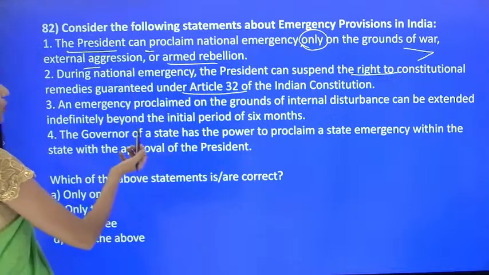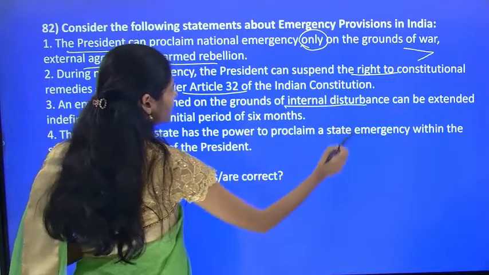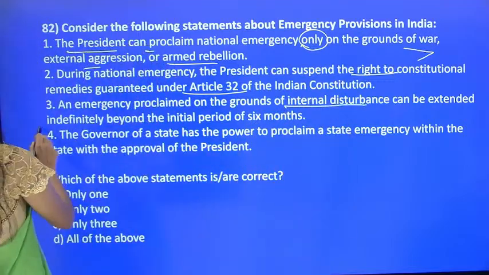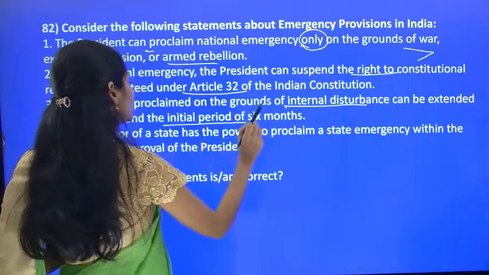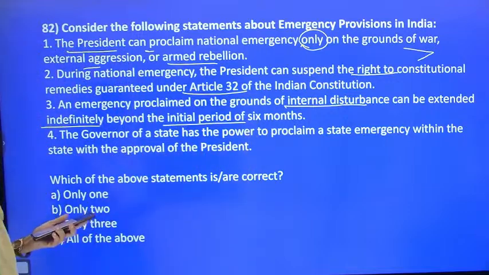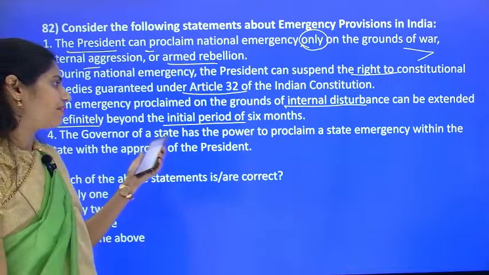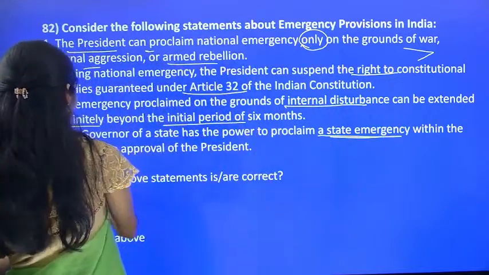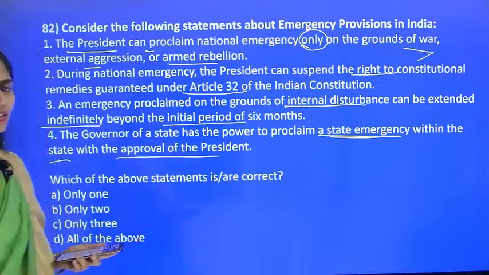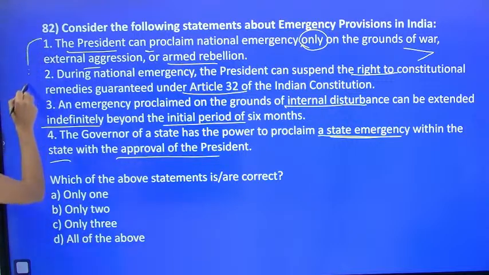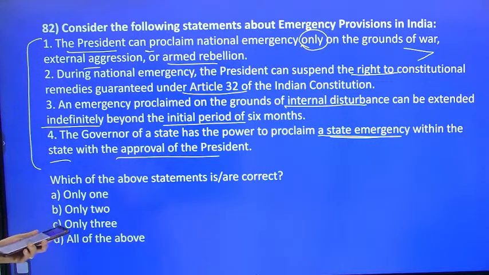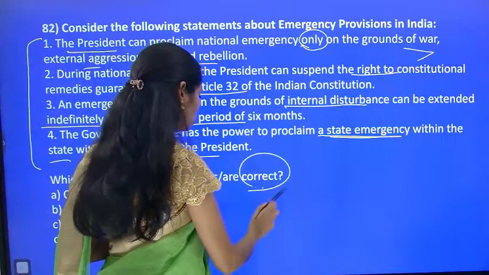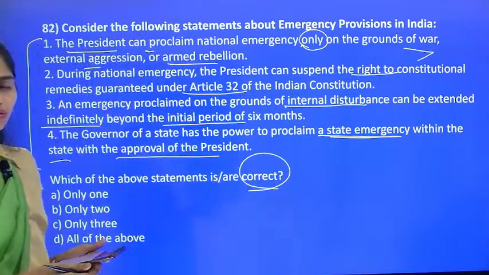Third, an emergency proclaimed on the grounds of internal disturbance can be extended indefinitely beyond the initial period of 6 months. And the fourth, the governor of the state has the power to proclaim a state emergency within the state with the approval of the President. So out of these 4 statements, you have to identify which are the correct statements. Tell me which are the correct statements.